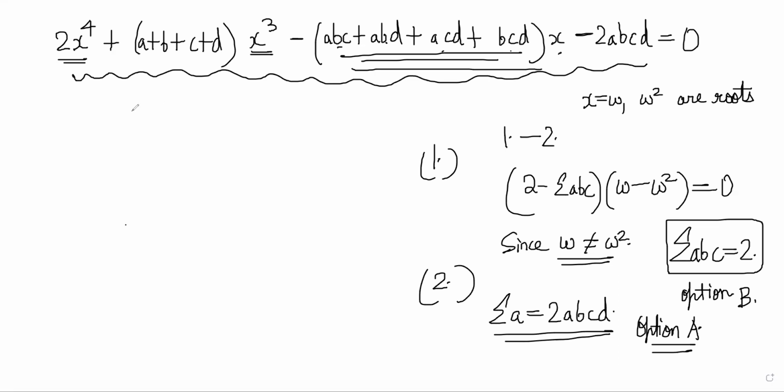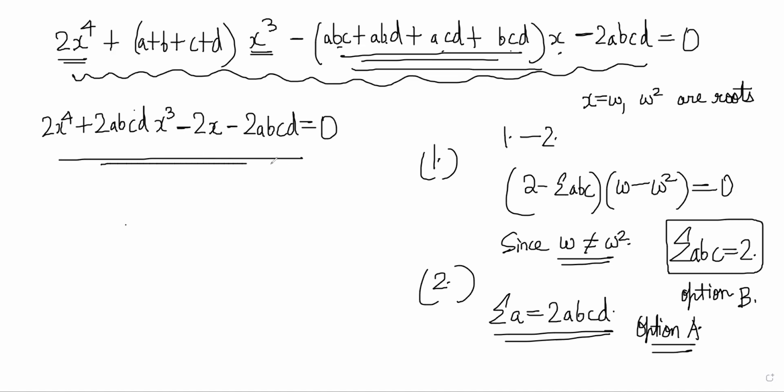This is 2x power 4 plus 2abcd x cube minus 2x minus 2abcd equals 0.